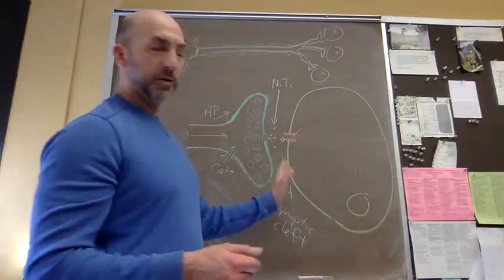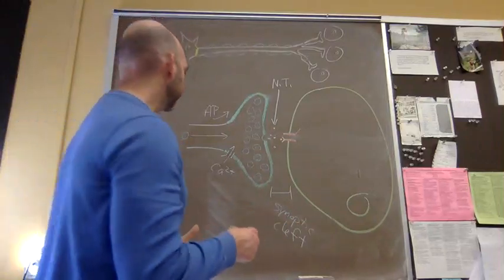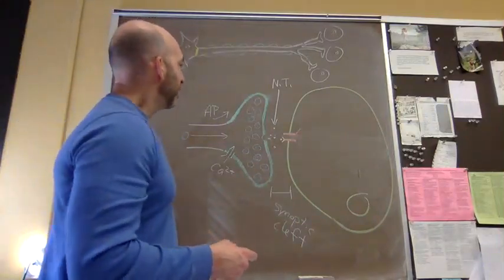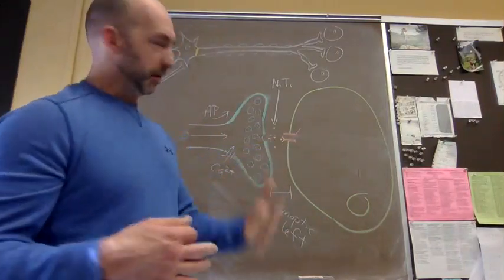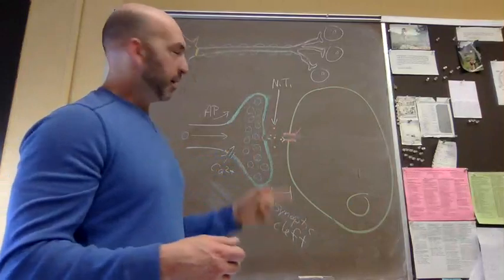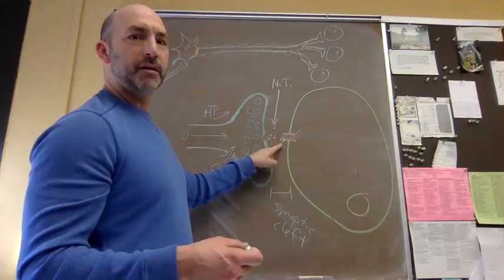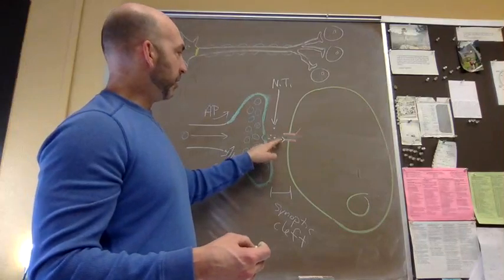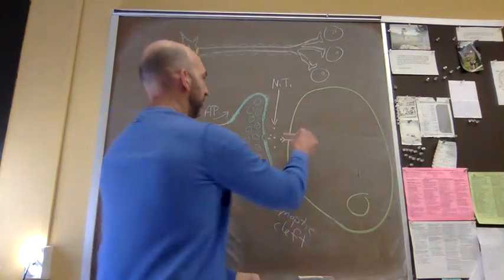They could cause channels to close, or if they're metabotropic, they could inhibit the cell through metabotropic responses. But now we have to decide, well, what kind of channel is this, right? And again, that would be specific to this particular synapse. If this is a ligand-gated sodium channel, right, then sodium from the extracellular fluid would enter the cell.